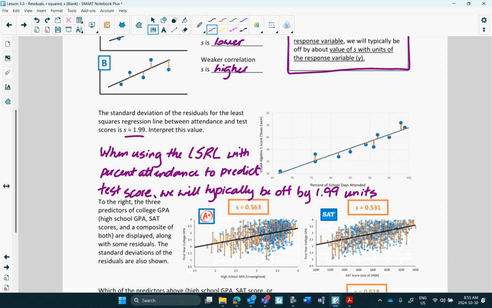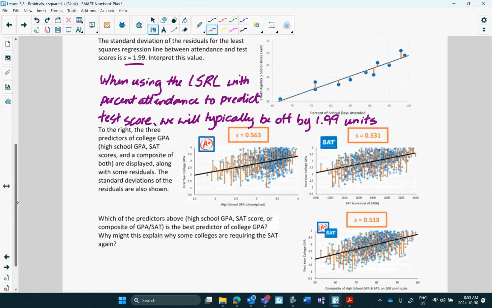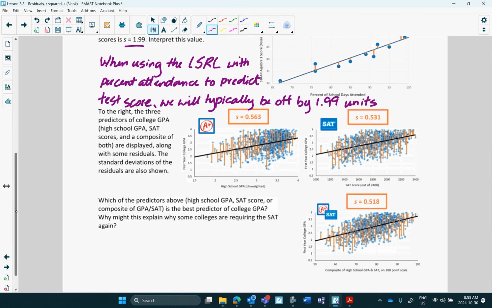So going back to the example we did on the last page, using the 3 different ways to try and predict college GPA, you can see that if the standard deviations of the residuals are calculated, the lowest one is in fact the composite score.